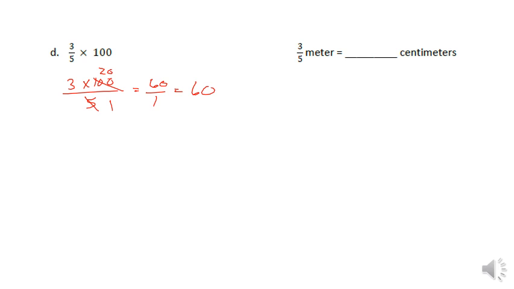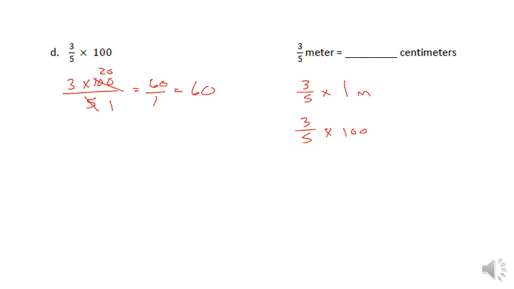Now over here, they're trying to show the relationship between the two. But this is basically a conversion. And the way we've been doing conversions, if we would write it out, we go 3/5 times 1 meter. And then we go 3/5 times, we're going to change it to centimeters. So we know that there's 100 centimeters in 1 meter.